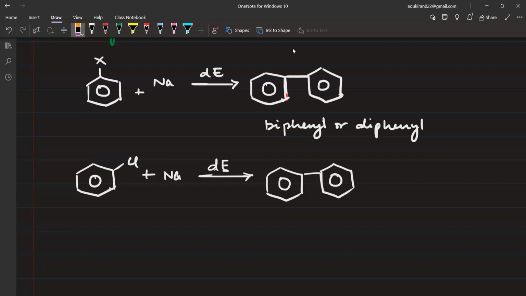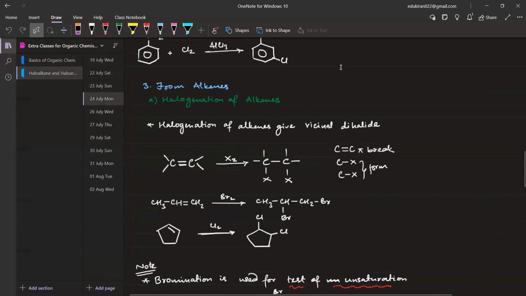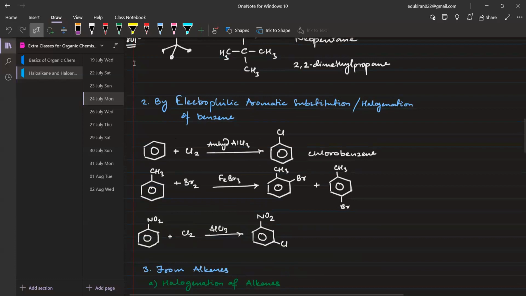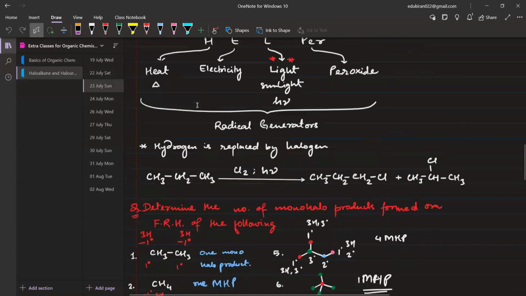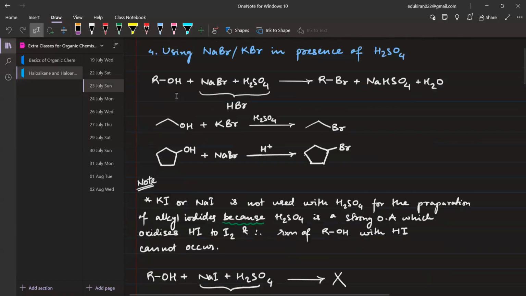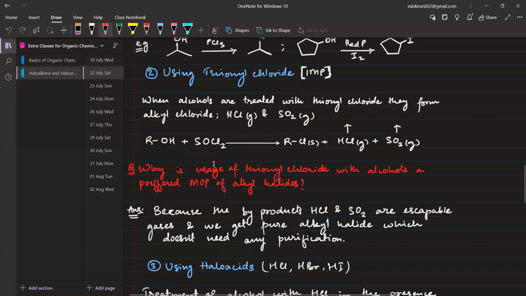When it mattered, for example in alcohols, I wrote everything: these are gas, these are solid. So when it is going to matter, I will write it specifically.